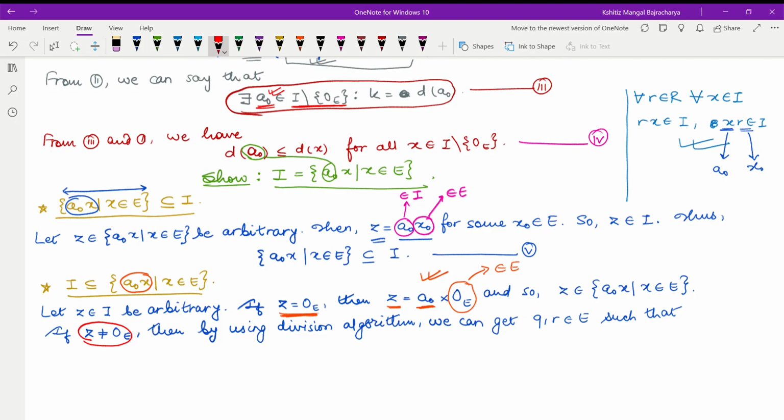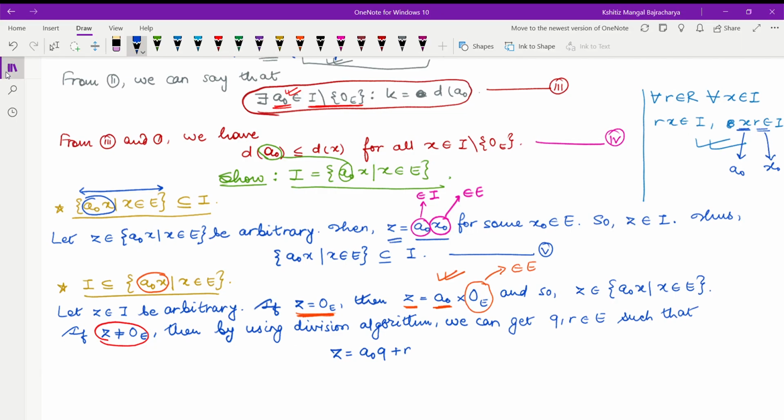Since I is a subset of the Euclidean domain, we can easily use the division algorithm. And as per the division algorithm, what can we get? z is equal to a0 times q plus r.